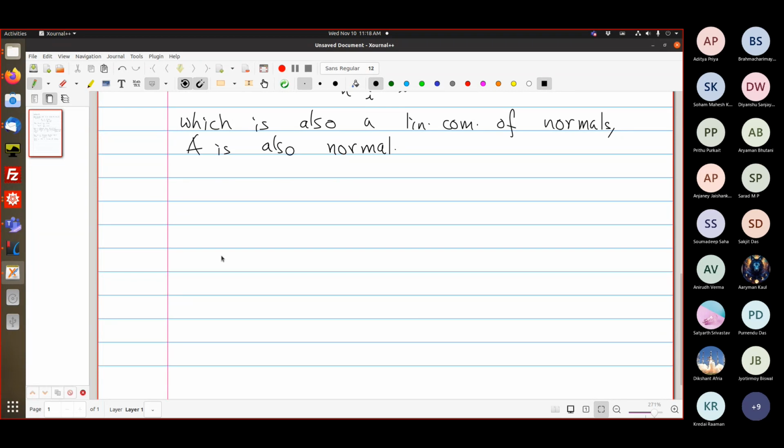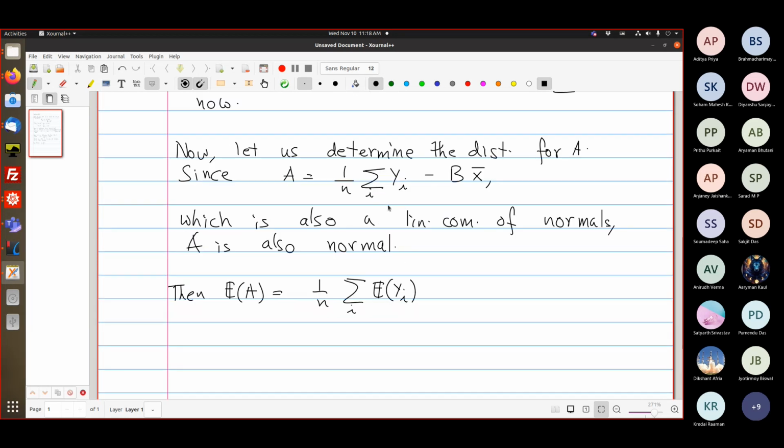So let's calculate its expectation. Again, we need the expectation and the variance. Then expectation of A is 1 by n sigma i, linearity of expectation, remember, sigma expectation of yi. x bars are fixed quantities, so x bar times expectation of b.